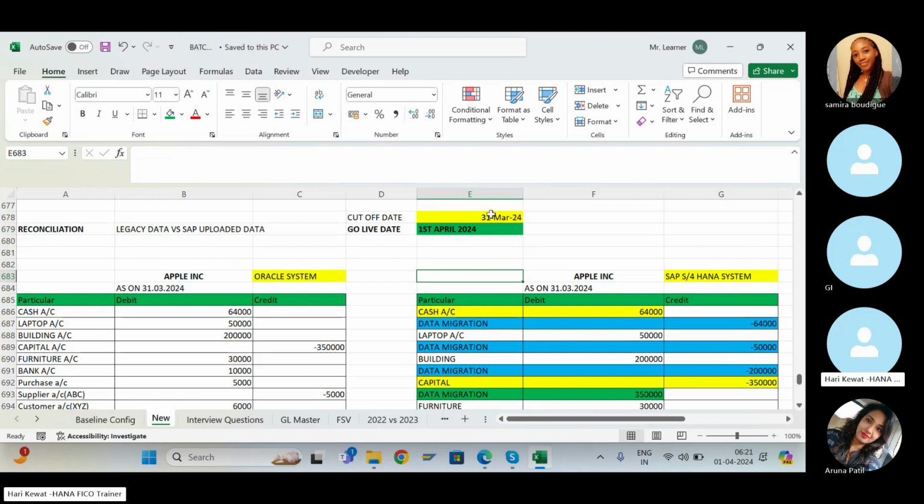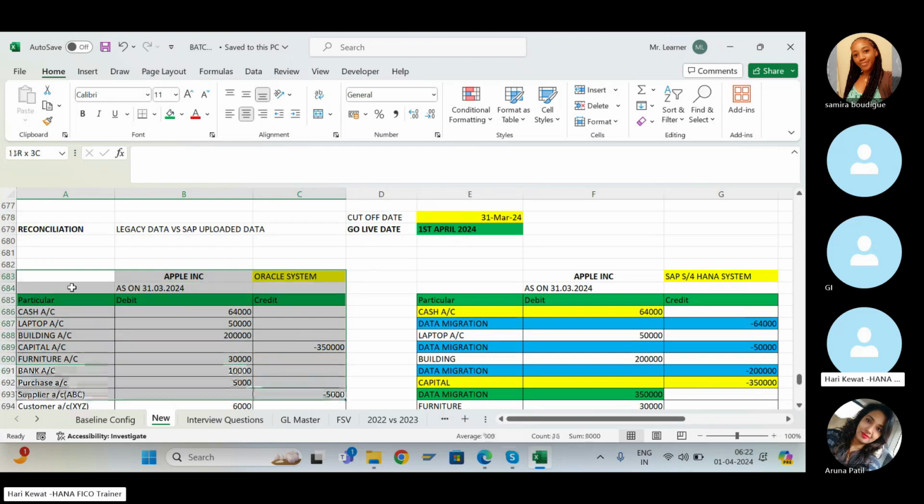It means that till 31st March, till yesterday, you are using the Oracle system, and from today you want to use the S4 HANA system. So as of 31st March 2024, this is the trial balance of the Apple company in the Oracle system.